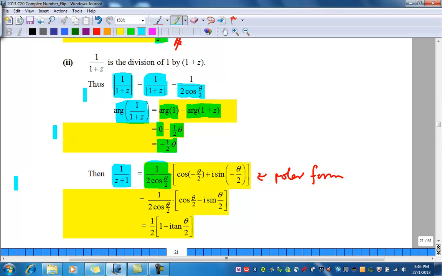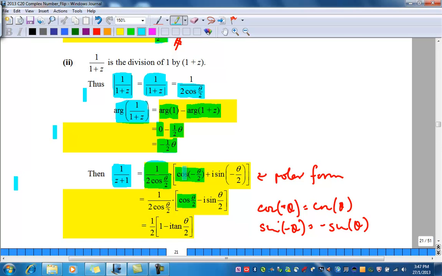And because cos of the negative angle equals cos of the positive angle, and sine of a negative angle equals negative of the sine of the angle, you end up with cos of minus theta over 2 as cos theta over 2, and sine of minus theta over 2 is minus i sine theta over 2.